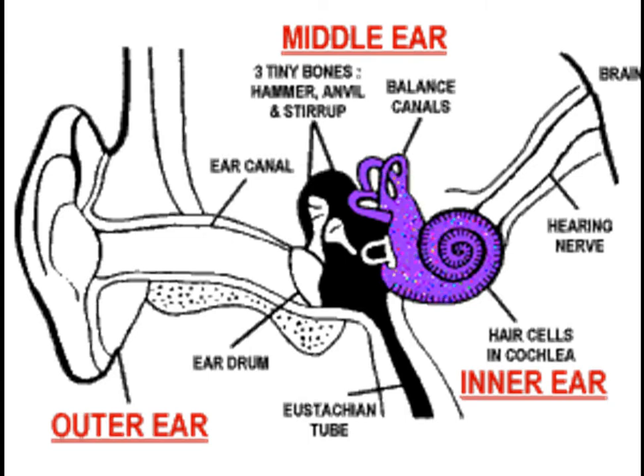Regarding the ear, we have just this cochlear part, which is important for the hearing purpose. This is a snail-like structure.